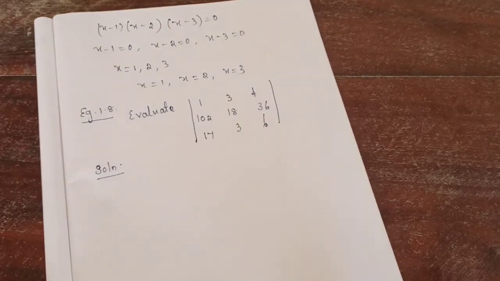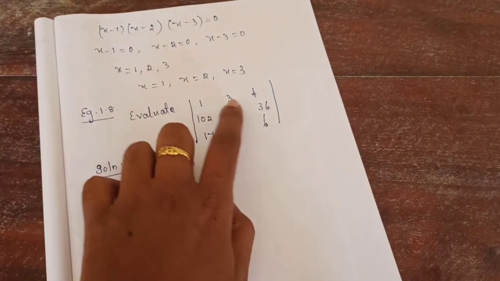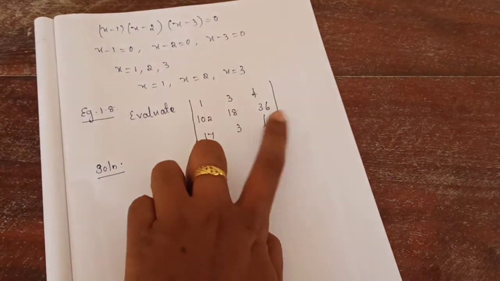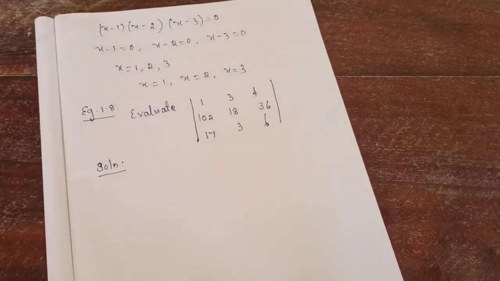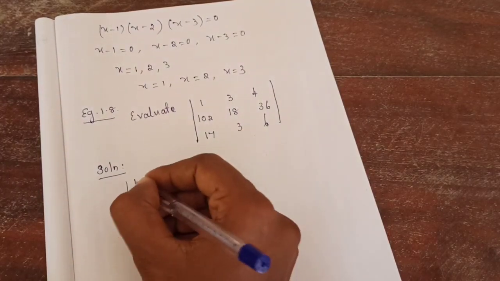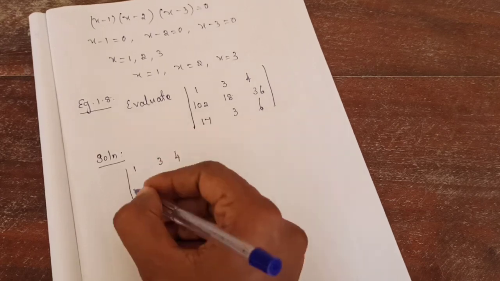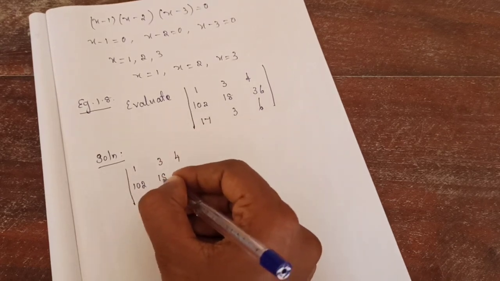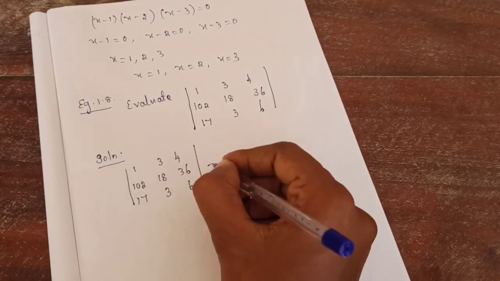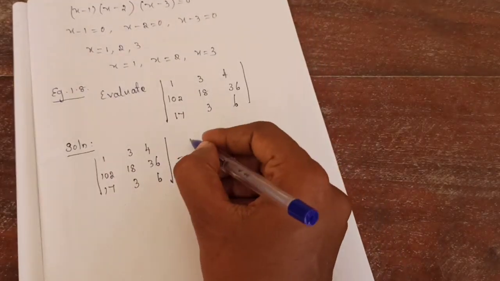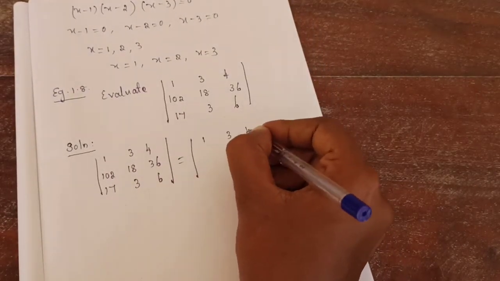Example 1.8. Evaluate the determinant with rows 1, 3, 4; 102, 18, 36; 17, 3, 6. When we get this question, first check whether there is anything common. First I am writing the question. Row 1 is 1, 3, 4 as it is.